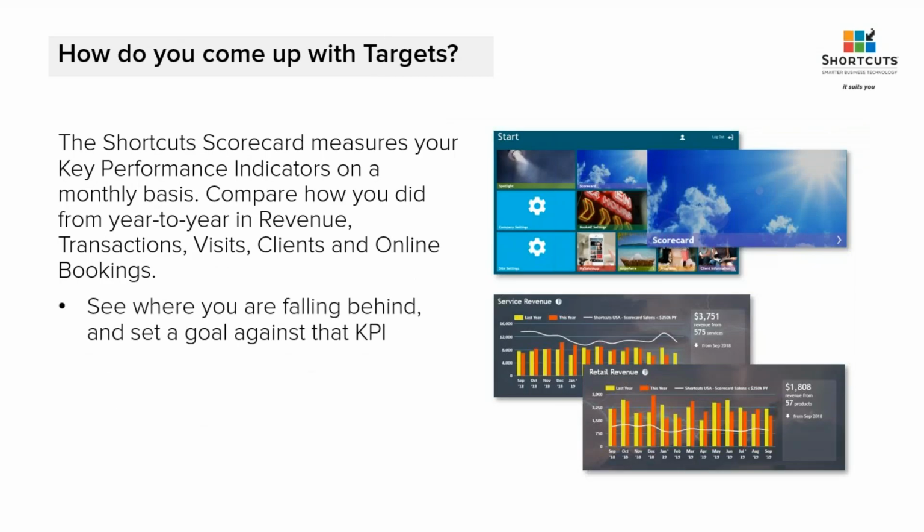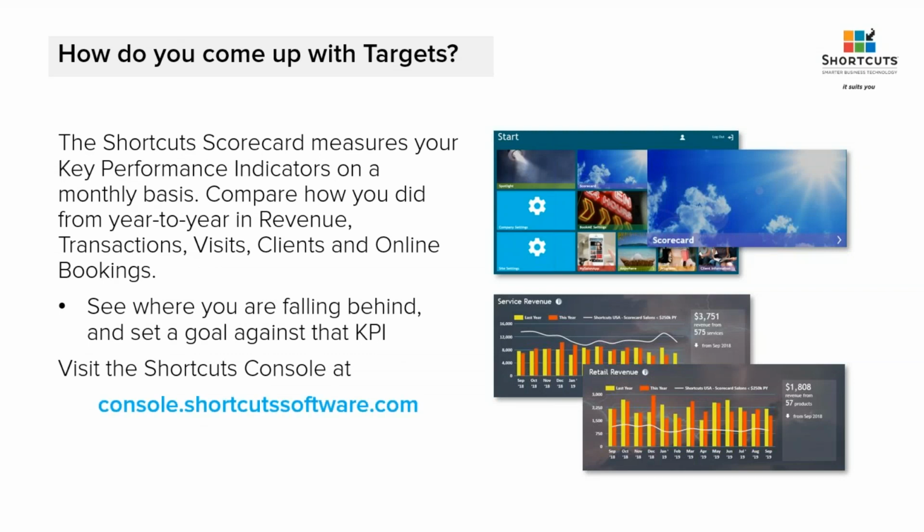So how do you come up with those targets? How do you know which key performance indicators to be looking at? Hopefully the majority of the people that are sitting in on this presentation or listening to the recording a little bit later on are already familiar with the console, the Shortcuts console online.